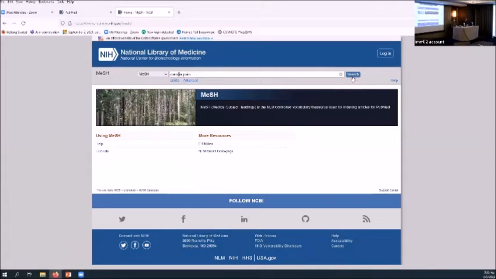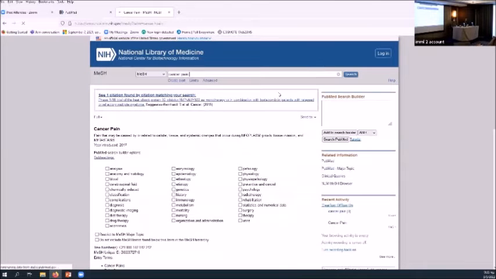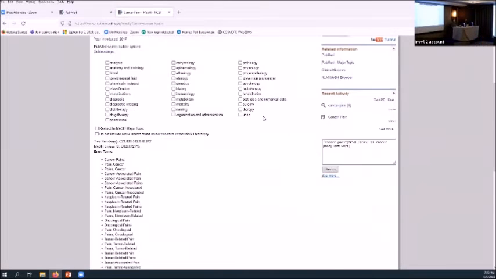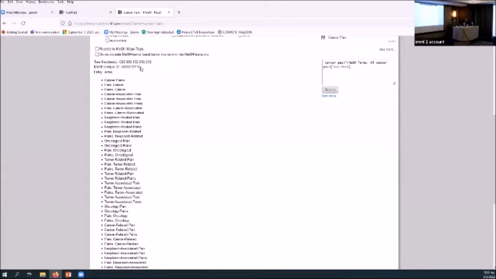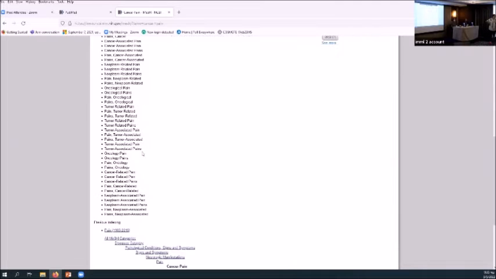Cancer pain. And so we make a search. And now we see that there are a lot of synonyms of our key term: cancer-related pain, neoplastic-related pain, oncological pain.